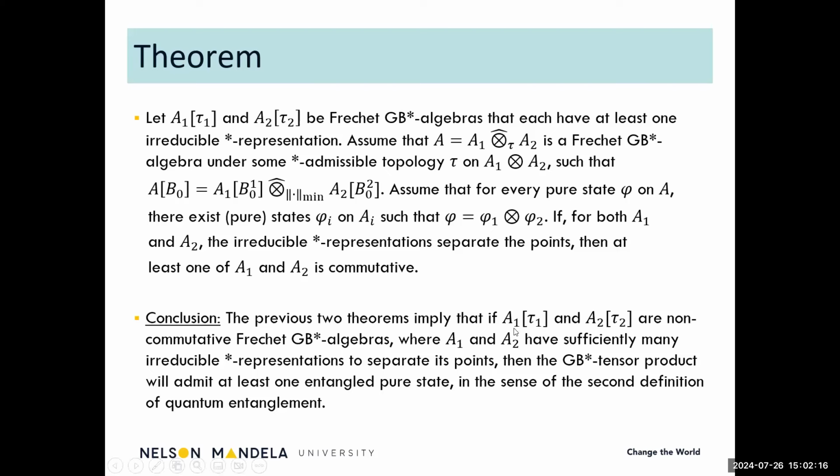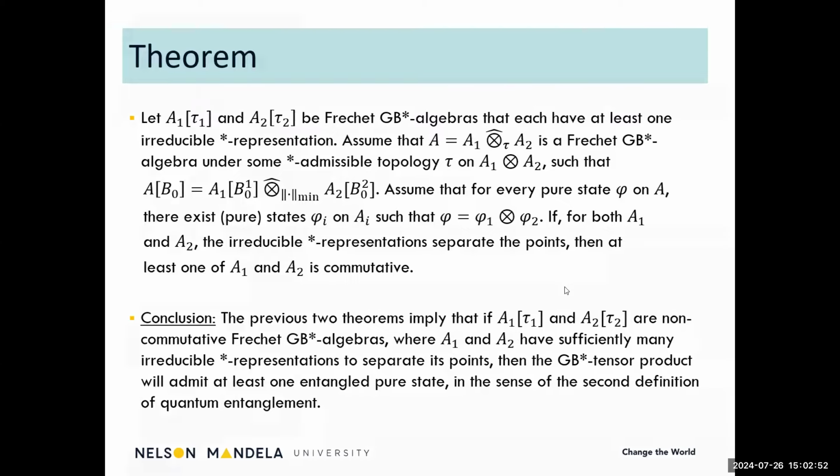So one can say if A1 and A2 are two quantum systems, and they are both representable, let's say, by non-commutative Frechet GB star algebras having sufficiently many irreducible representations to separate the points, then that GB star tensor product will have at least one entangled pure state in the sense of the second definition. So that will be useful in that sense.